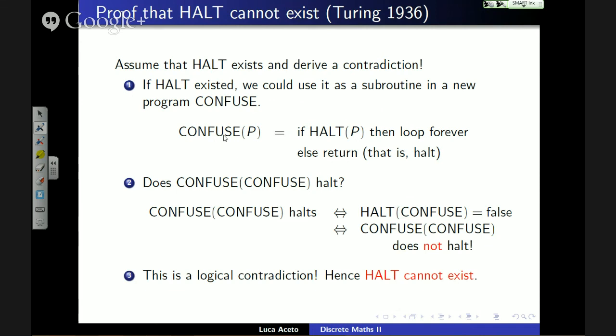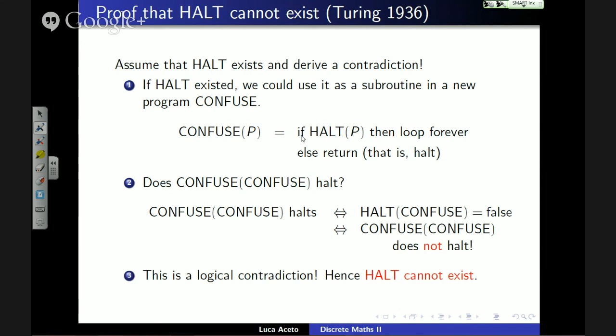Let's call this larger program confuse. Confuse takes an argument P, and it does something very simple. It calls halt on input P. That's absolutely legal because halt is a library program that we assume we have.